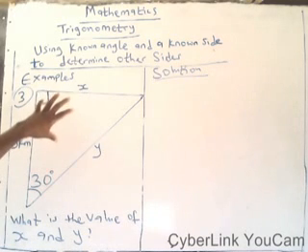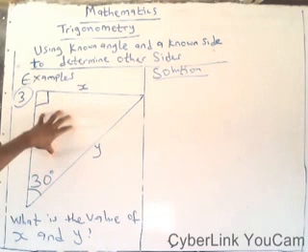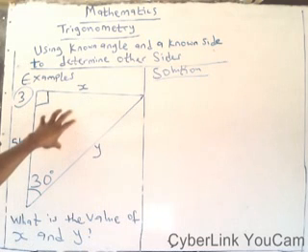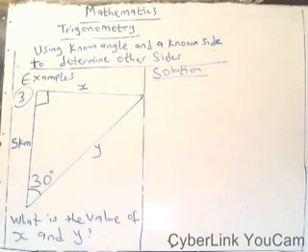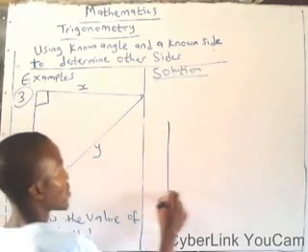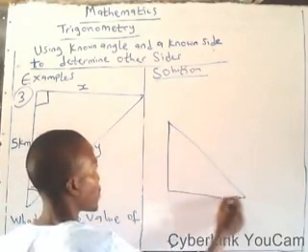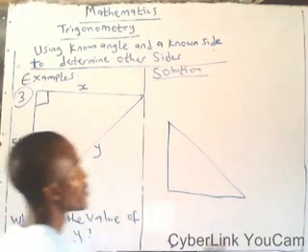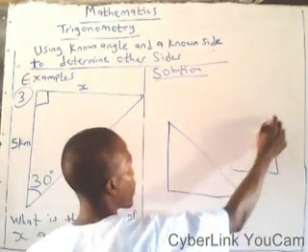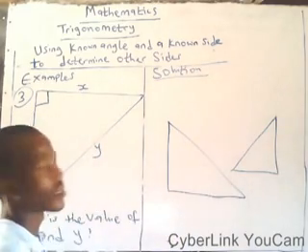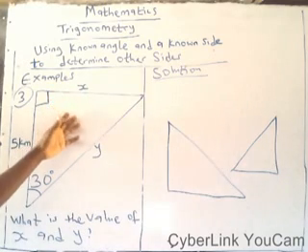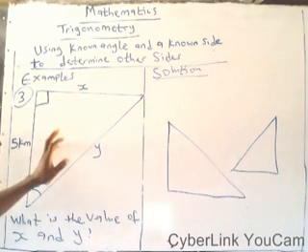Now, the exercise of turning this right angle triangle upside down is for you to know that it is not always that you have your right angle triangle like this, or you have it this way. The thing can be changed, it can be turned upside down, it can be positioned anyhow.